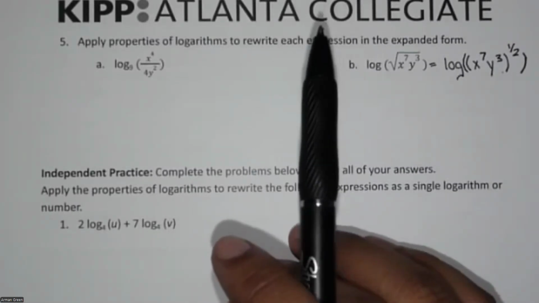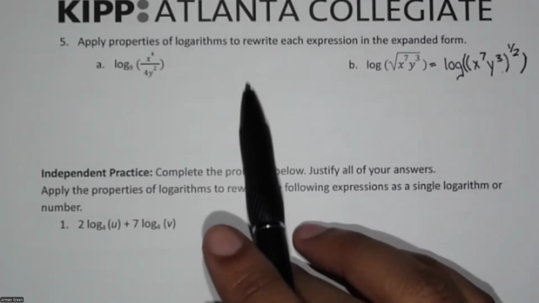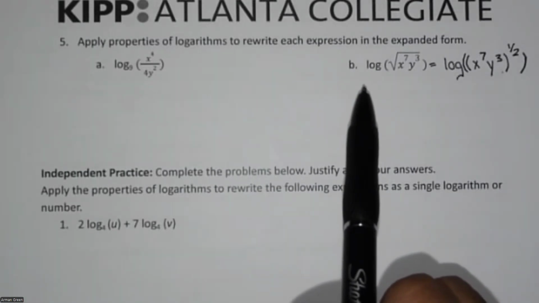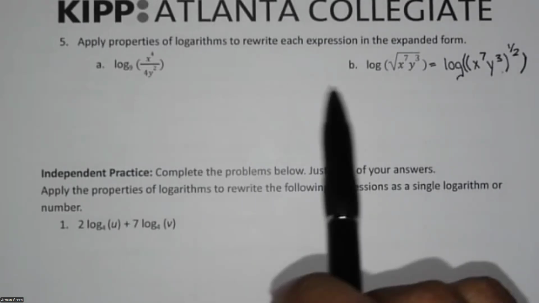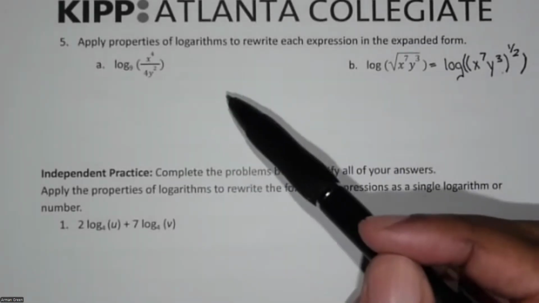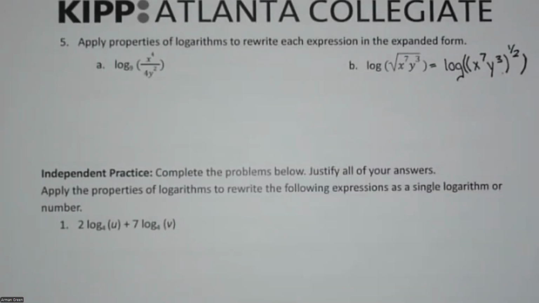Once you unpause the video after I give these directions, you're going to see what the answers to both of these are. So go ahead, take a couple minutes, see if you can simplify either one or both of these logarithms, and then you'll see the answer here momentarily. At this time, go ahead and pause your video.